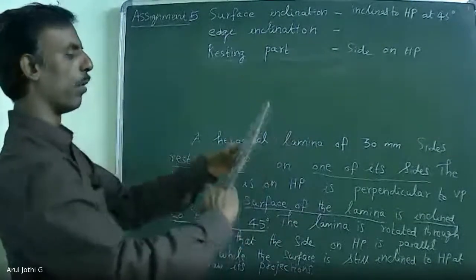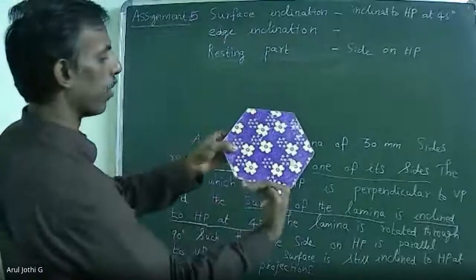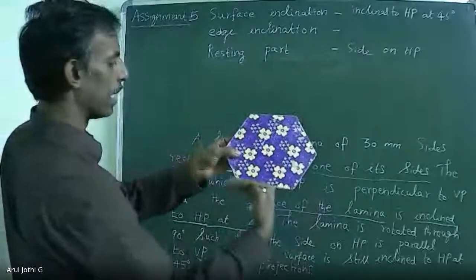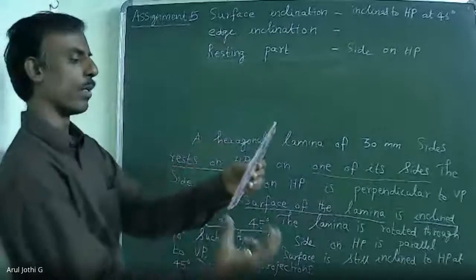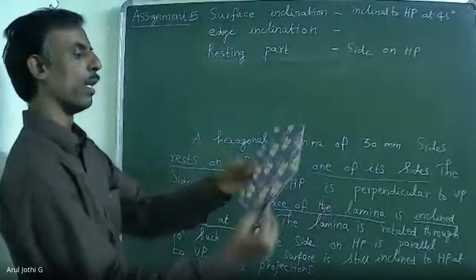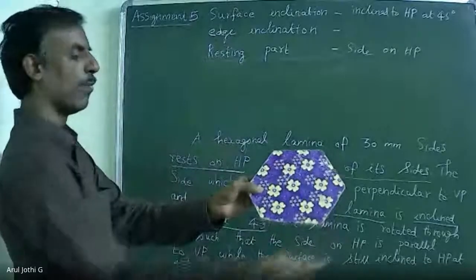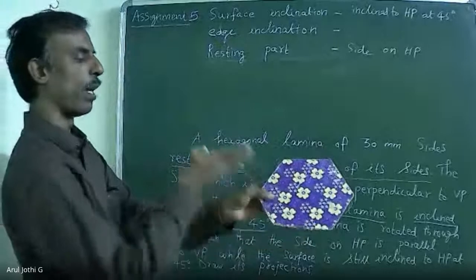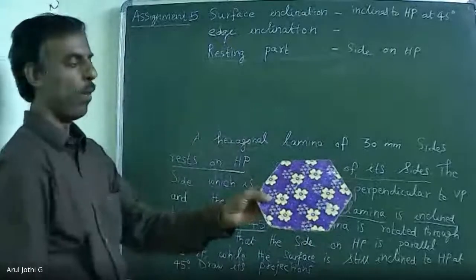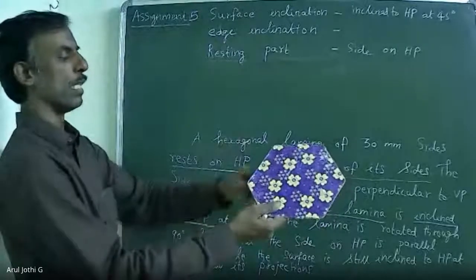This top view I am going to rotate through 90 degree so that this resting side is parallel to VP. So whatever top view I am getting here, that top view only I am going to rotate through 90 degree so that the resting side is parallel to VP without changing this HP inclination.